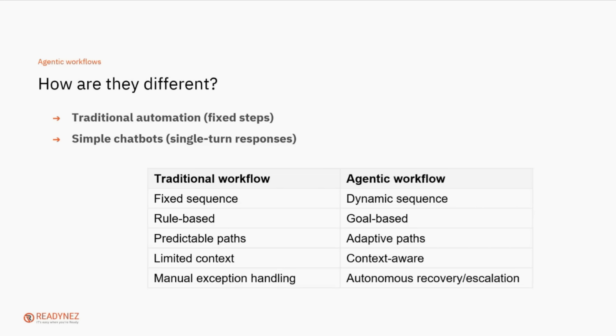So let's take an example. I've built an agent that can handle human resources policy questions. An agentic workflow might, say somebody emails in, kick off the agent workflow. First off, it's going to interpret the question. It's going to identify the relevant policy documents, searching the knowledge base. But then, and this is where it gets interesting, it's going to maybe cross-check conflicting policies.